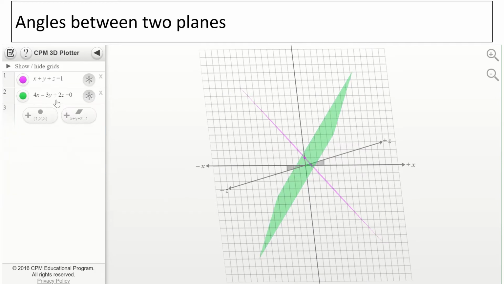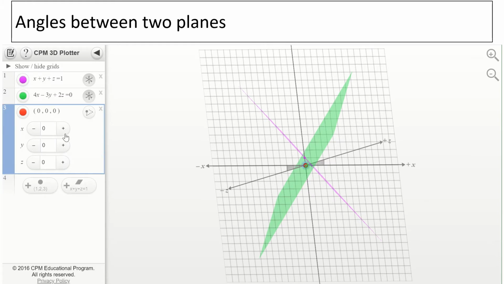So what we need to do is to first find the points perpendicular to the plane, and we already know how to do this. For x plus y plus z, the point that is directly on top of the plane is going to be 1 1 1.